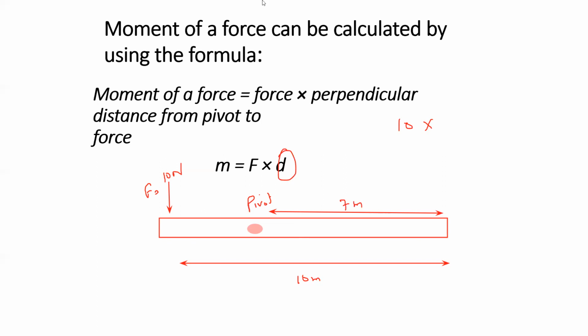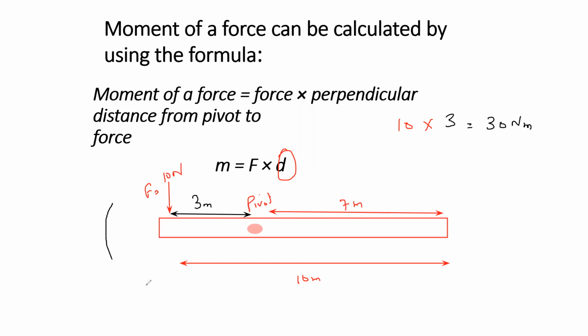So what will be that distance? In this example, because the total is 10 and the distance on the other side is 7, this distance will be 10 minus 7, which equals 3. So the distance from the pivot for the force is 3 meter and the force is 10, so it will be 10 multiplied by 3, which equals 30 Newton meter.